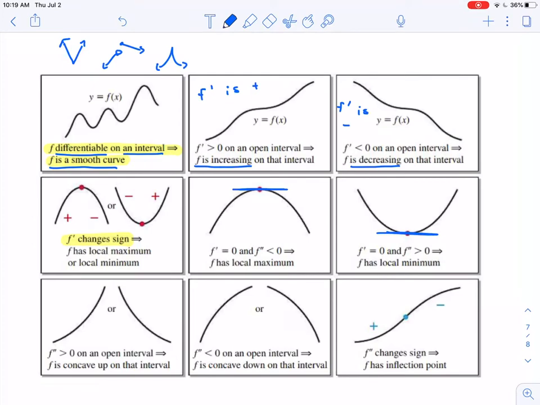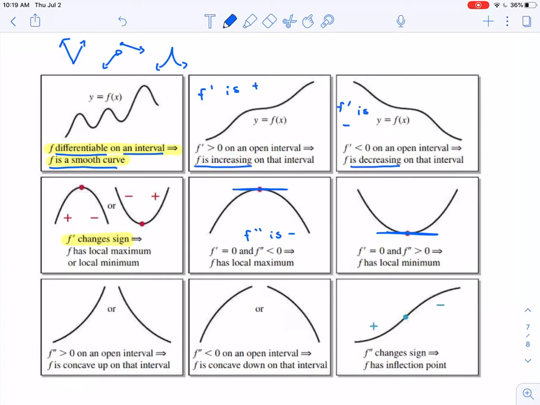If we have a horizontal tangent line and the second derivative is less than 0, another way we can say that is f double prime is negative. Well, if f double prime is negative, we have something which is concave downward, which means we must have a local maximum at this point where we have that horizontal tangent line.